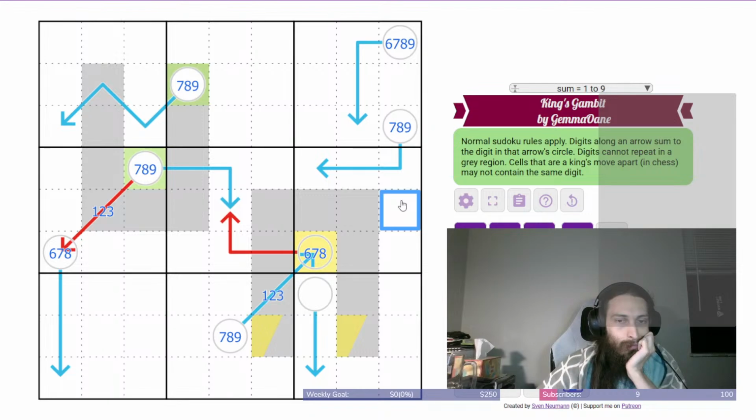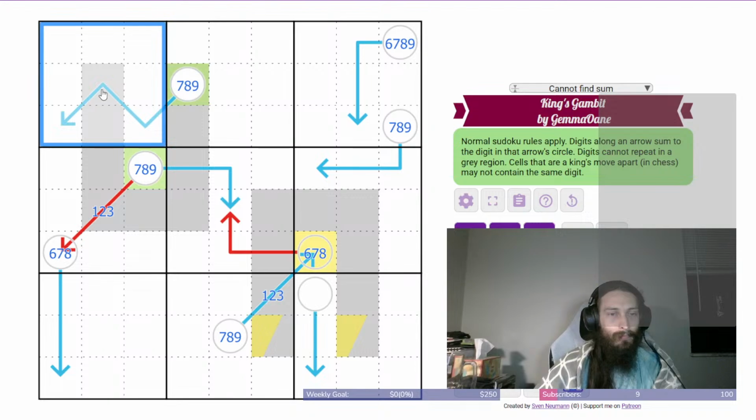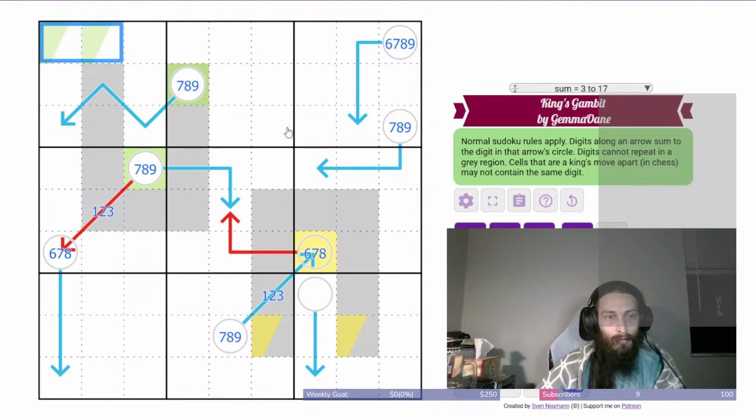Well, where's green in box 1? We know it's not here or here, and it can't be there, and it can't be on its arrow again. So that means green is down here.